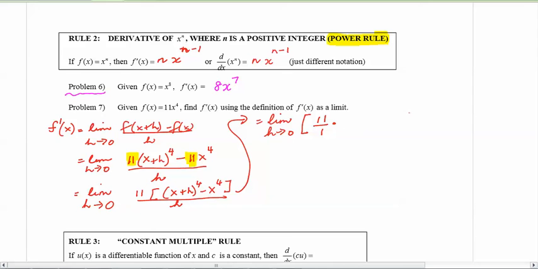The first fraction is 11 over 1, and the second fraction is simply going to be x plus h to the fourth minus x to the fourth over h. Okay, check it out. When I multiply out the numerators, I get what I had. 1 times h gives me a denominator of h. Now I'm going to use my laws of limits. The limit of a product is the product of the separate limits.